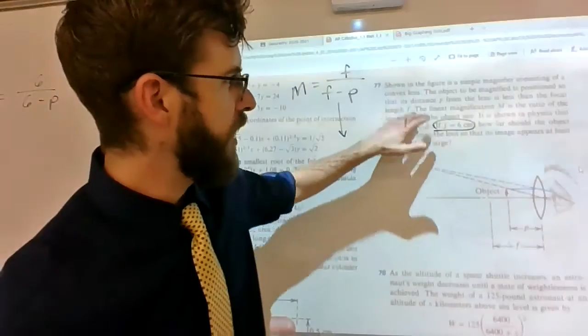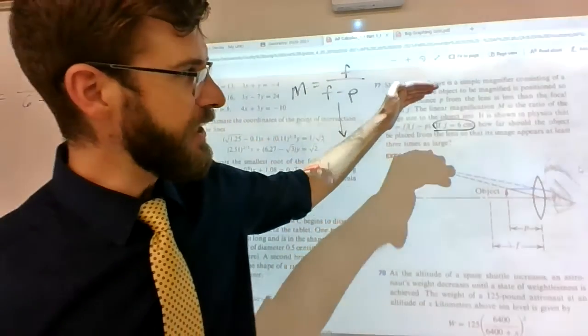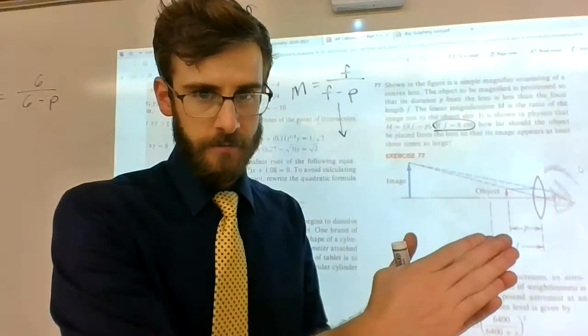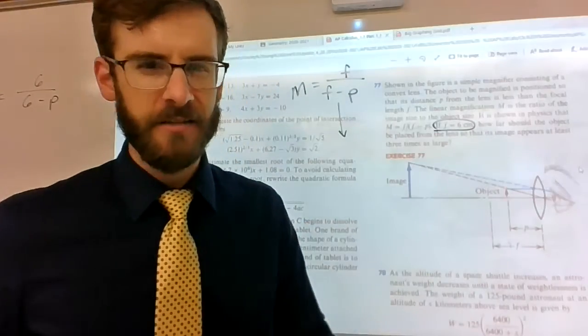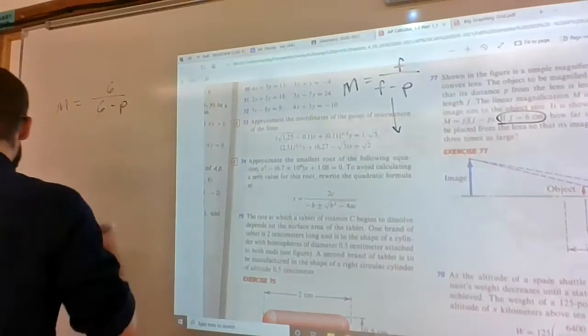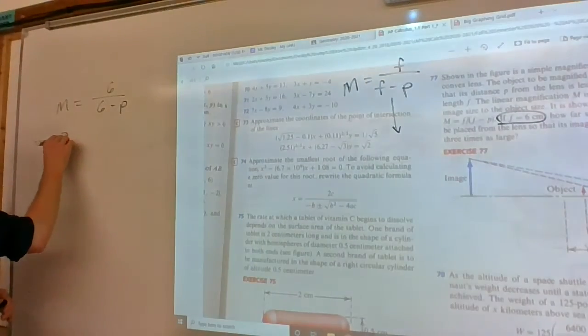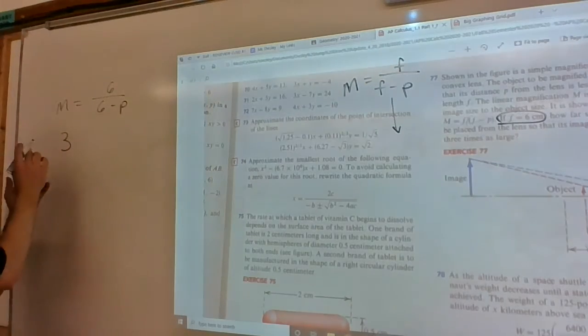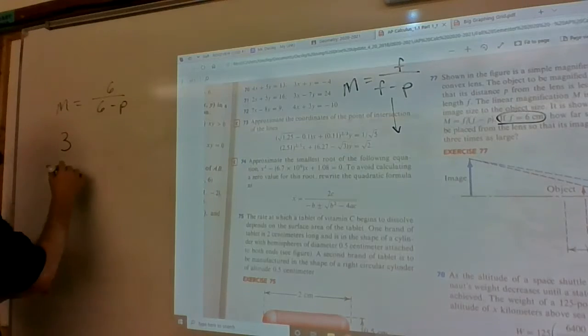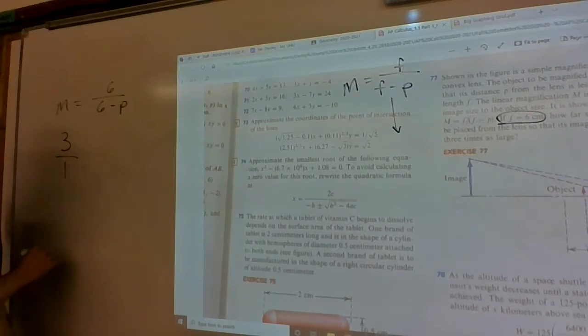The ratio of the image size to the object size should be 3 to 1. That's how we should analyze that. So go back to m. Plug in 3. 3 times as large. The image size to object size is 3 to 1. So I'll just write it as 3 to 1.